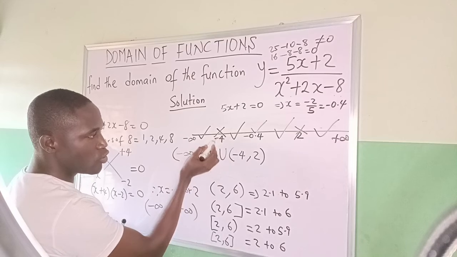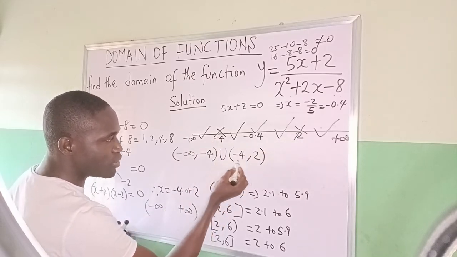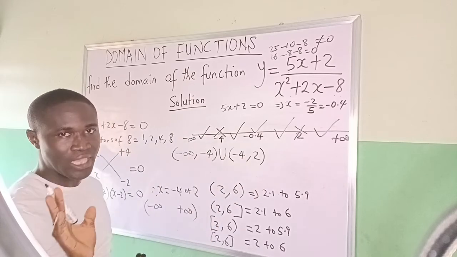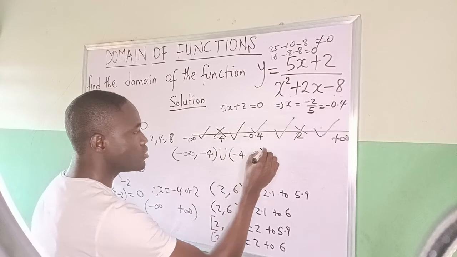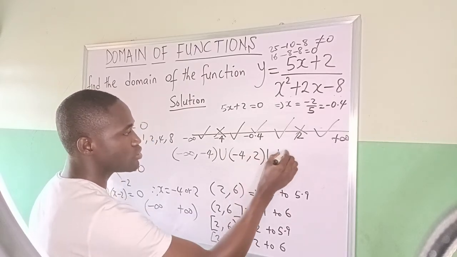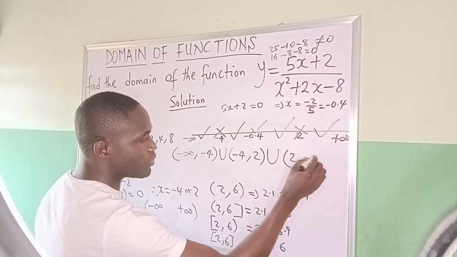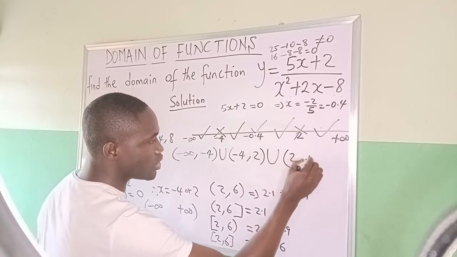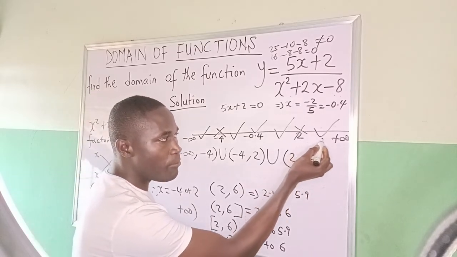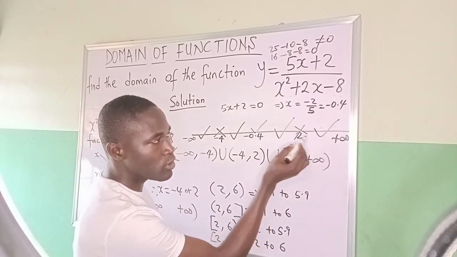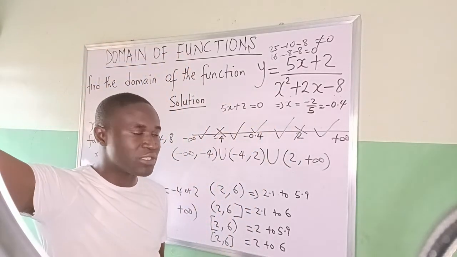Minus 4 not included, 2 not included, but the numbers in between minus 4 and 2 are included based on what I said here. Then union, 2 not included, positive infinity not included, but numbers above 2. That means 2, 3, 4, 5, 6 to wherever positive numbers go.